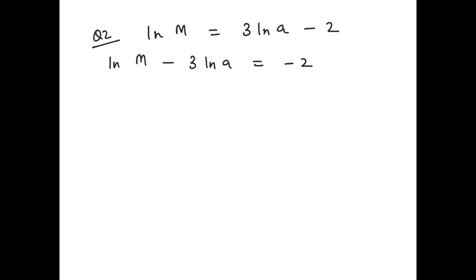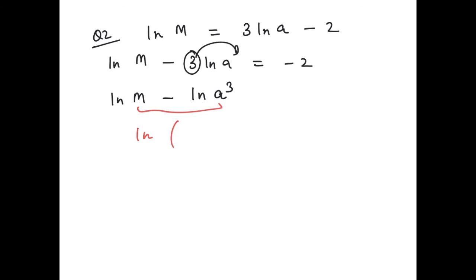Let's do the last example. ln m equals 3 ln a minus 2. Again, ln on one side: ln m minus 3 ln a equals negative 2. Now apply the ln rules. ln m minus ln a cube, because this 3 will become the power of a. So now let's apply the ln law.